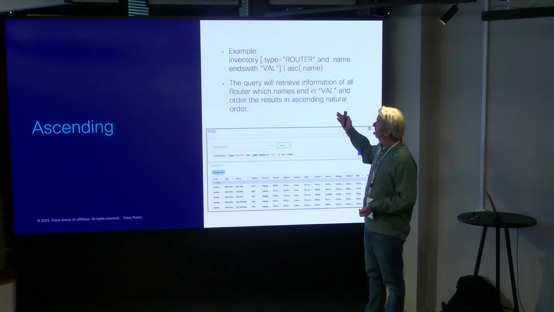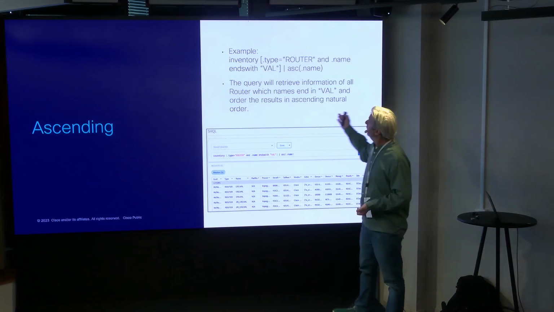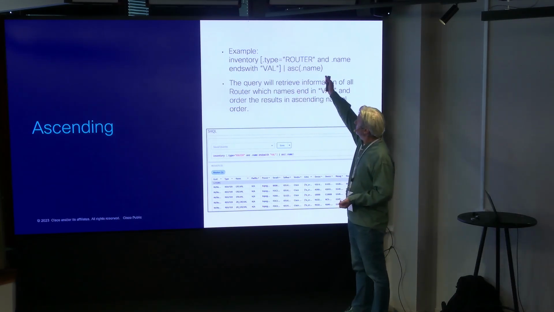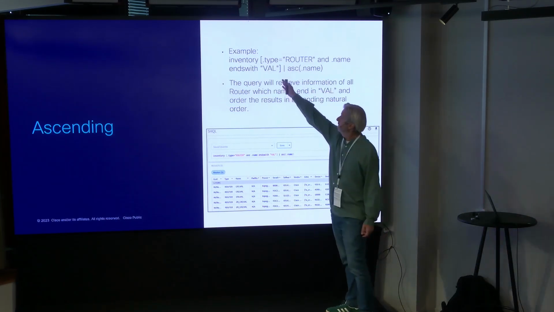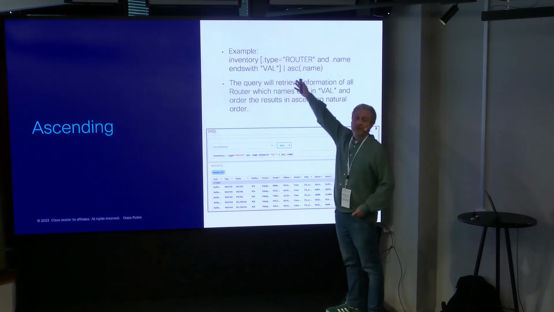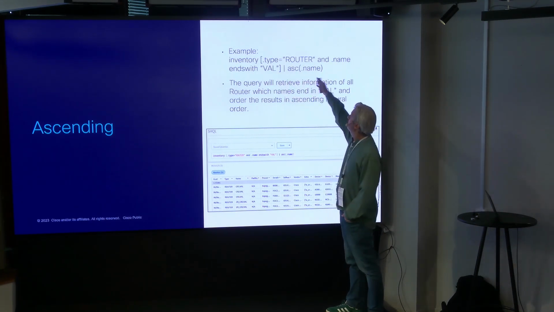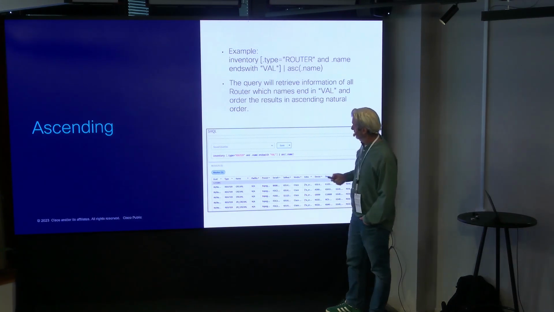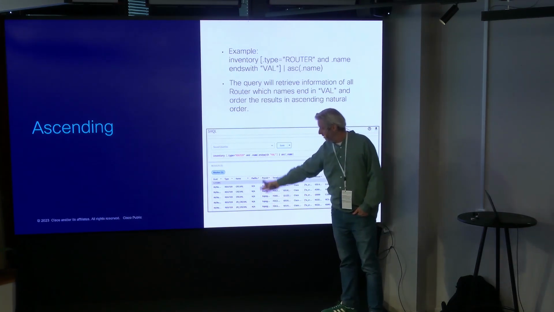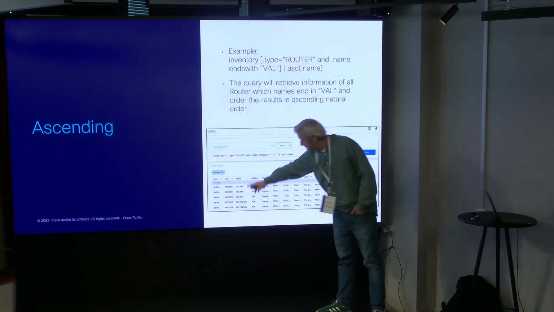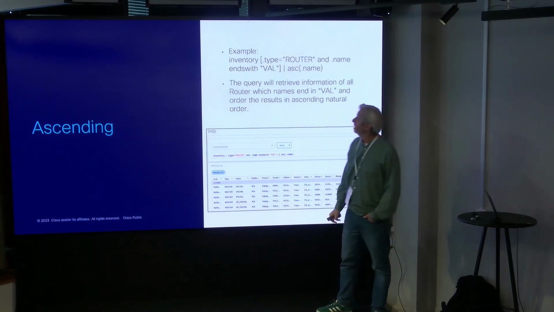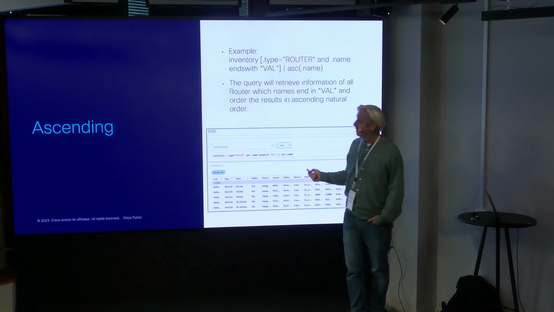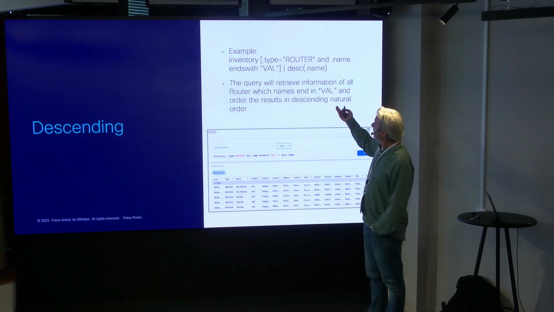So in this example, we are asking for all routers whose name ends with Valencia, but bring it in ascending order of the name. See, so we'll have all the routers that end with Valencia in ascending order. Okay, same we can have with descending.